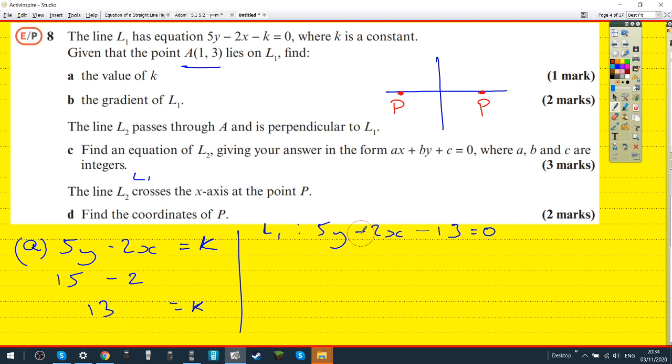What do they all have in common? They're on the line 0. The y-coordinate is 0. And so would it be written out as -2x minus 13 equals 0? Well done.